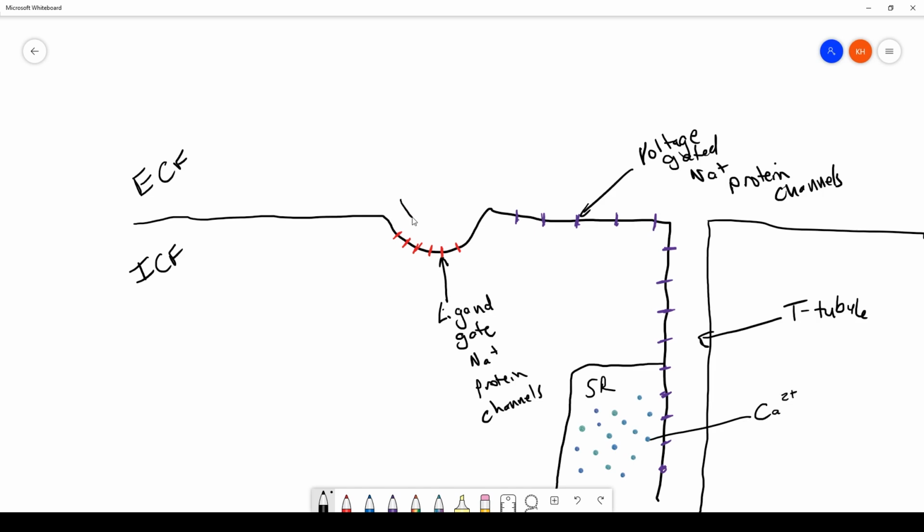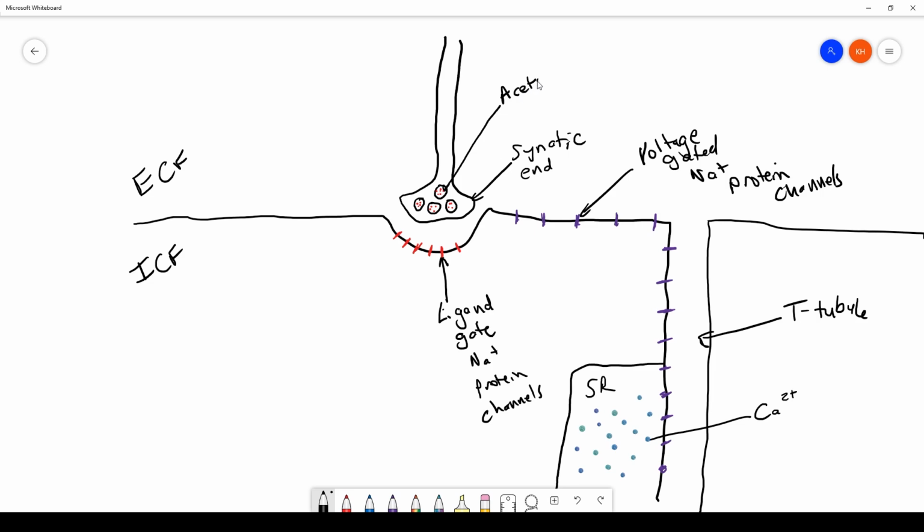Connected to the plasma membrane of this muscle cell, we have a neuron. This is referred to as the synaptic end. Inside of the synaptic end, we can find vesicles that house chemicals called neurotransmitters. Now, there are a lot of different types of neurotransmitters, but the one that gets released at skeletal muscle cells is called acetylcholine.